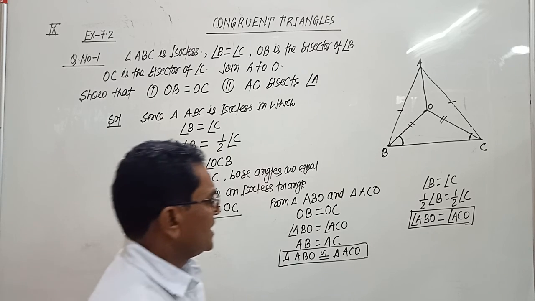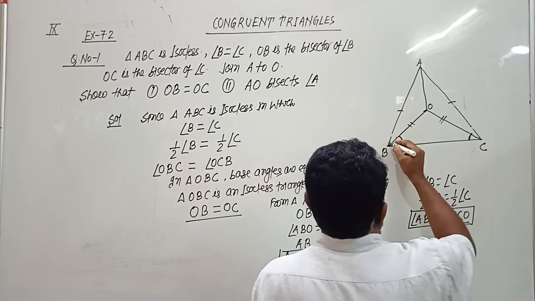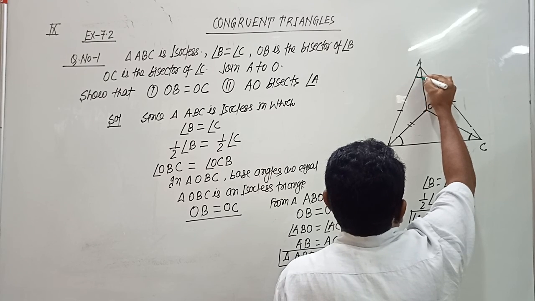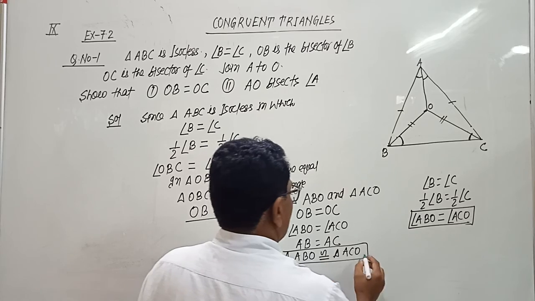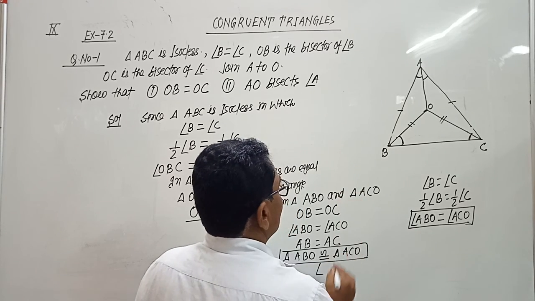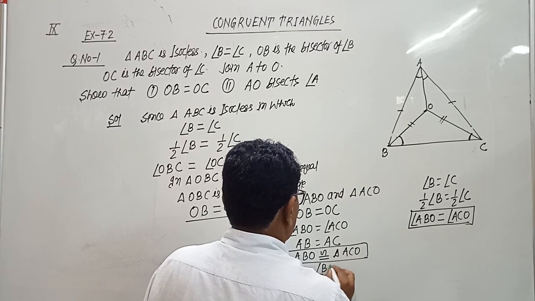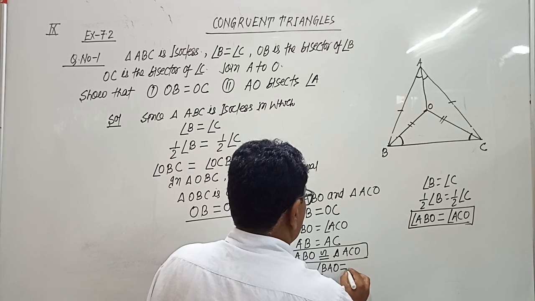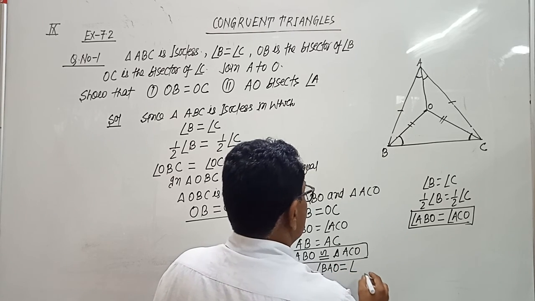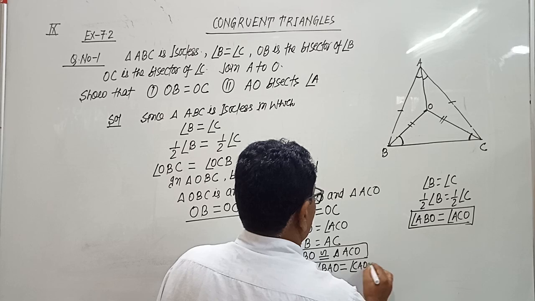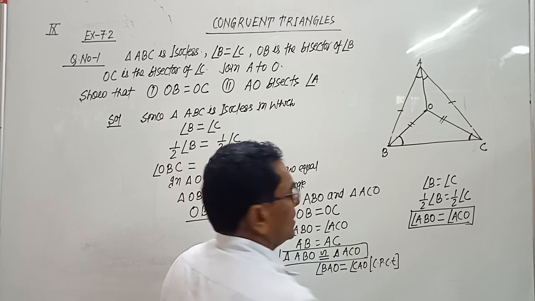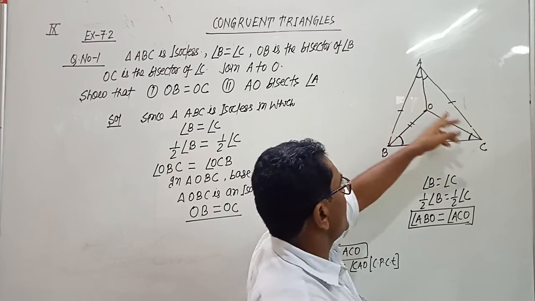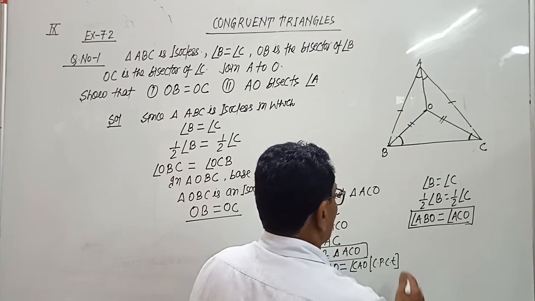If they are congruent, then by CPCT the corresponding angles are equal. We can write that angle BAO equals angle CAO by CPCT.